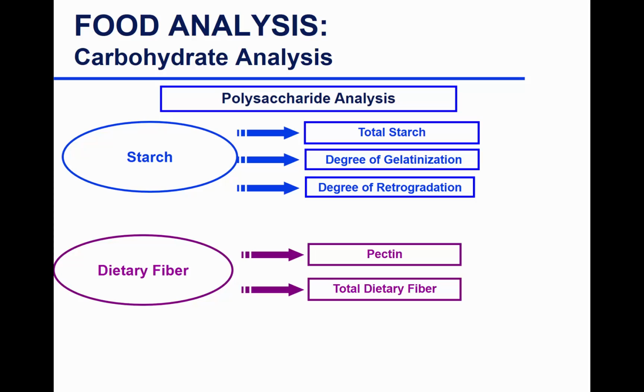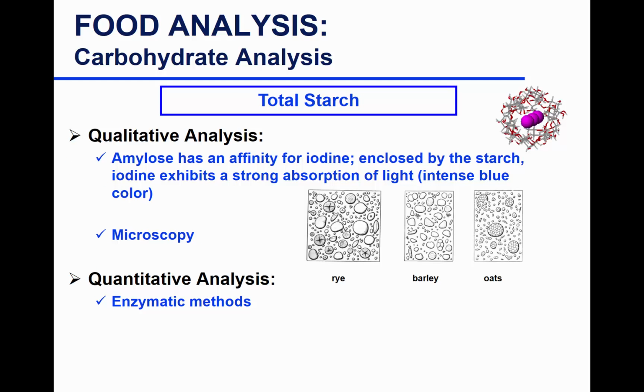Okay, so moving on to starch and dietary fiber, these are large carbohydrates. For starch, the methods we're going to talk about today: total starch, degree of gelatinization, and degree of retrogradation. So there's a qualitative analysis of starch.